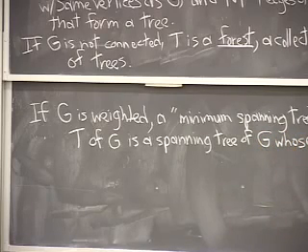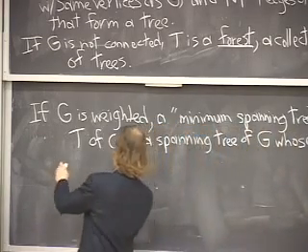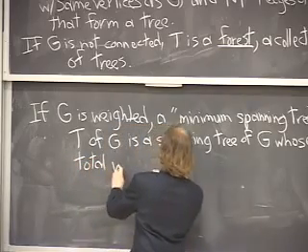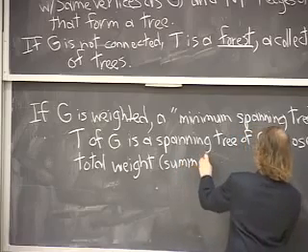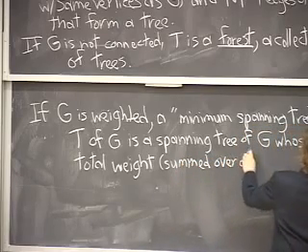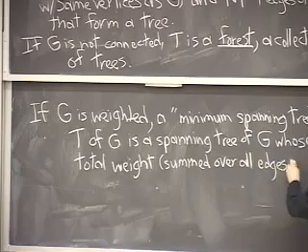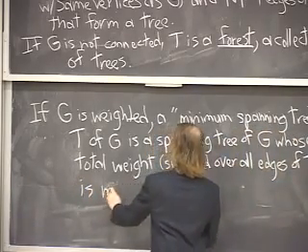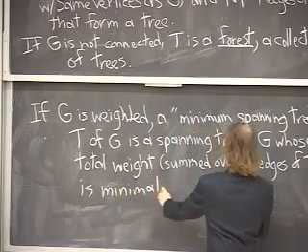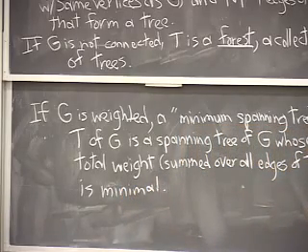And second of all, when you add up the weight of all the edges it uses, that has to be as small as possible. In other words, there is no other spanning tree of G that has a smaller total weight.